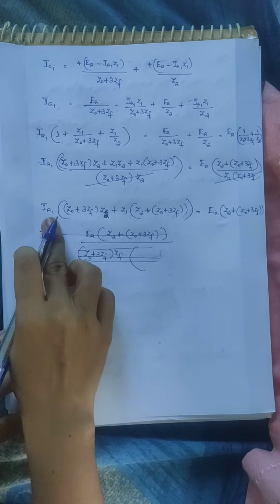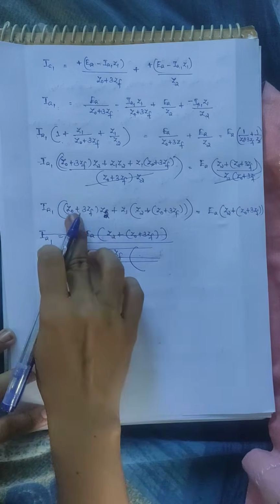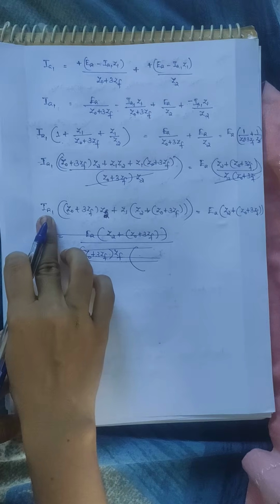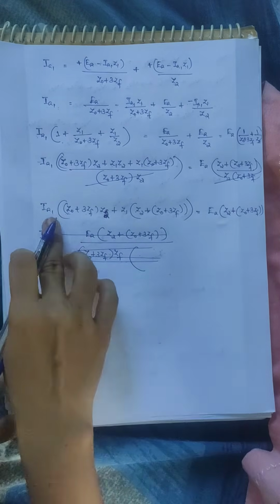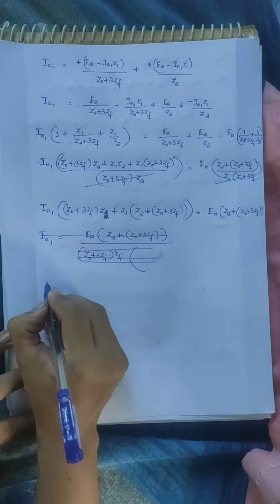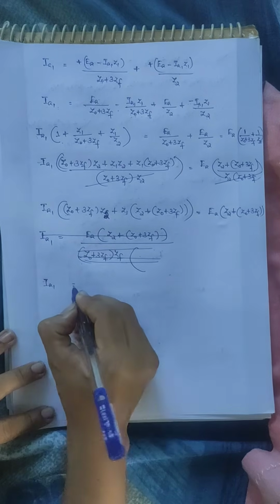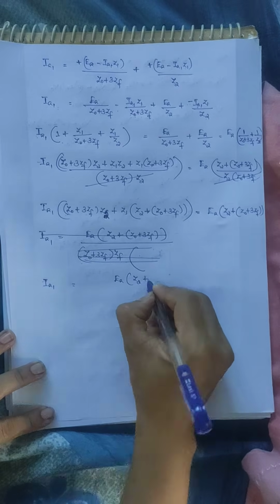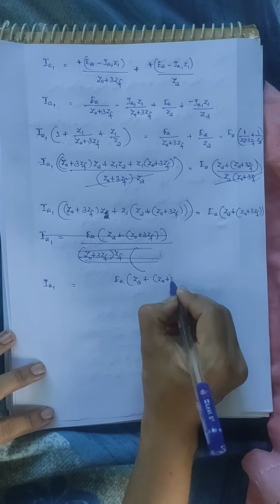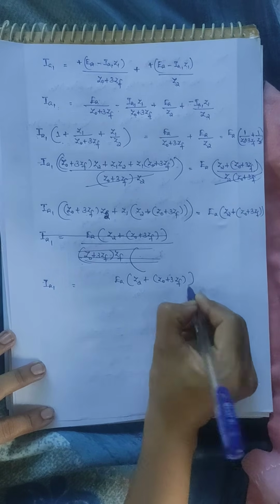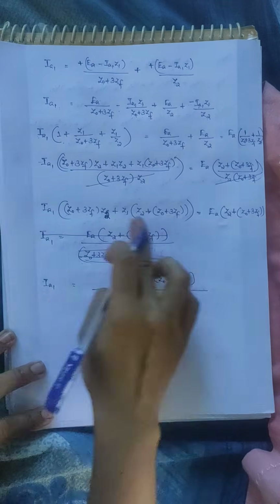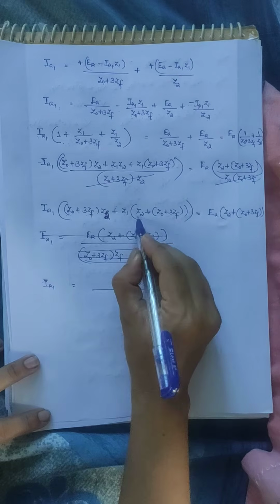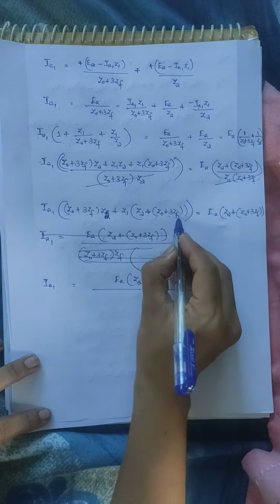Now we have IA1 is equal to this term divided by this term. For calculating IA1 we have to divide the right hand side by this term. So we have IA1 is equal to EA into Z2 plus Z0 plus 3ZF divided by this term. And from this term, take this common outside, Z2 plus Z0 plus 3ZF.